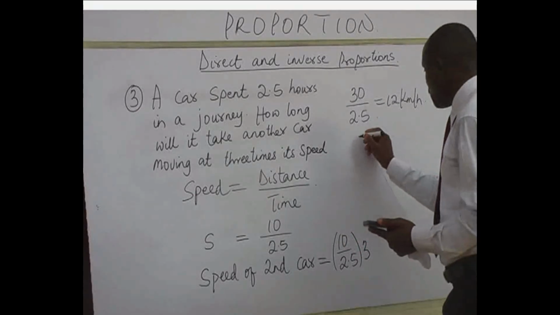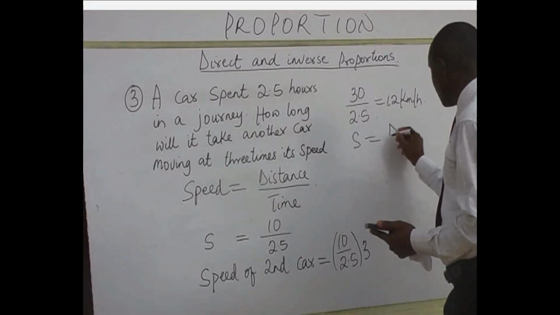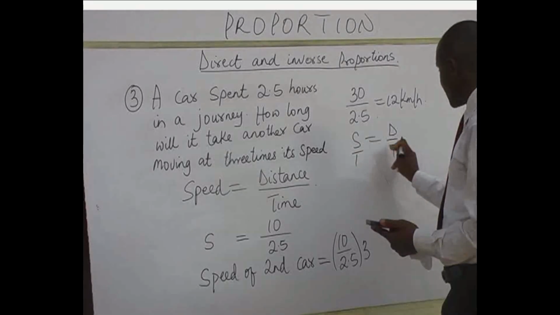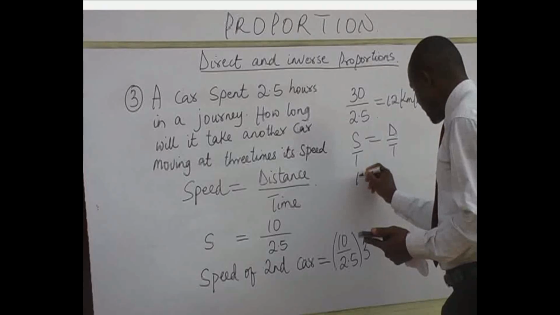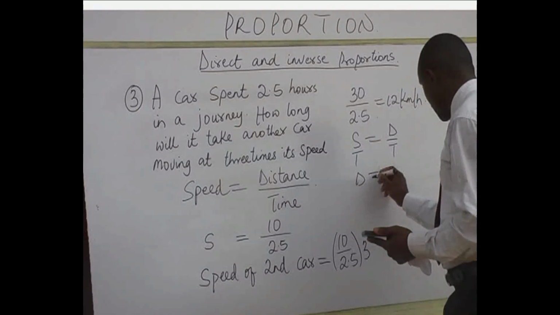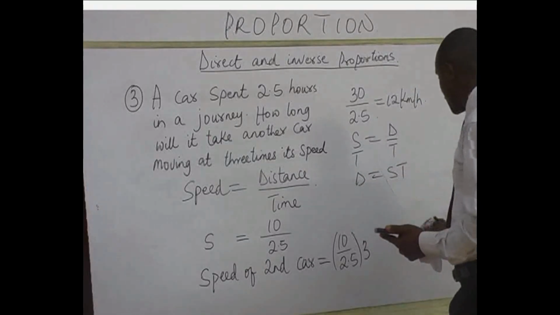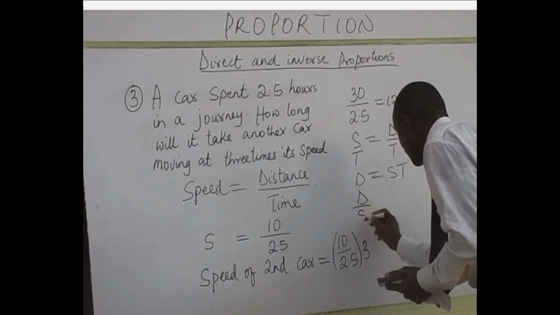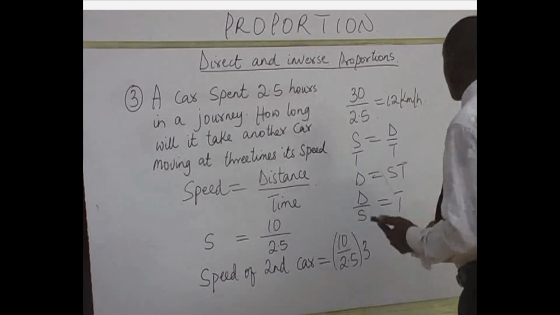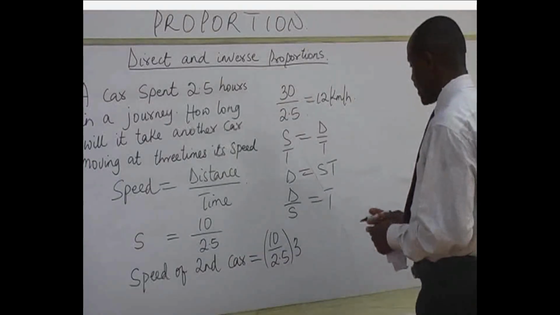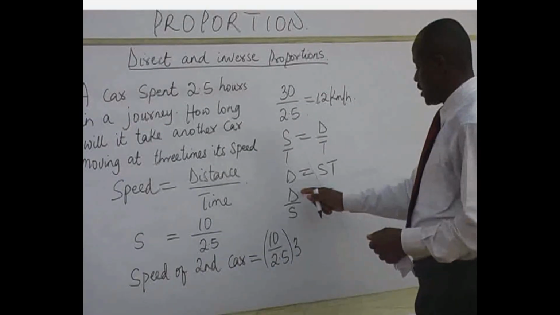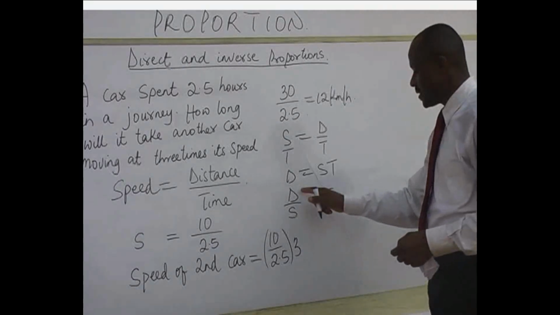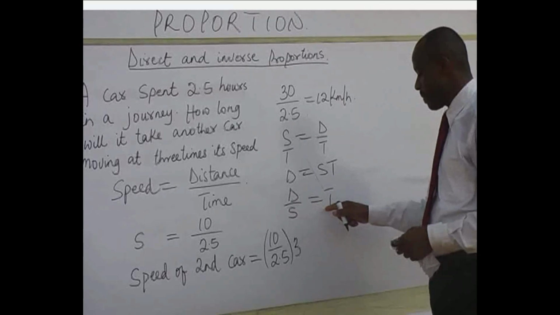So if speed is distance all over time, if you cross multiply, you find that distance will be speed times time, and time will be distance divided by speed. You can see now that d all over s is equal to t. That means distance divided by speed is equal to time.